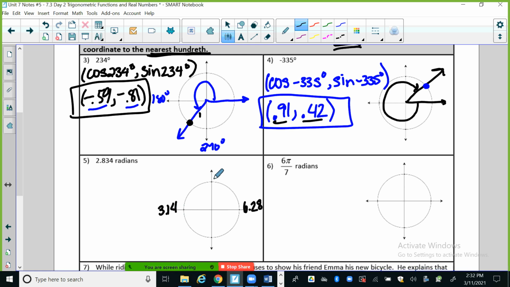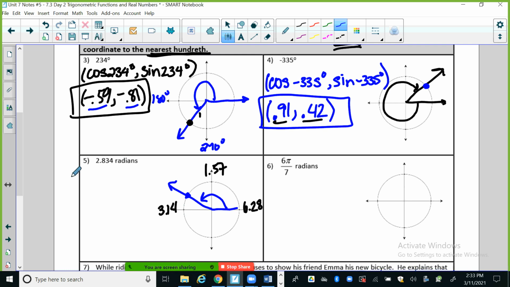So a quarter of a circle is a half of a pi, which is 3.14 divided by 2, or pi divided by 2, about 1.57 radians. So 2.834 radians will be roughly there. So our angle is in quadrant 2.